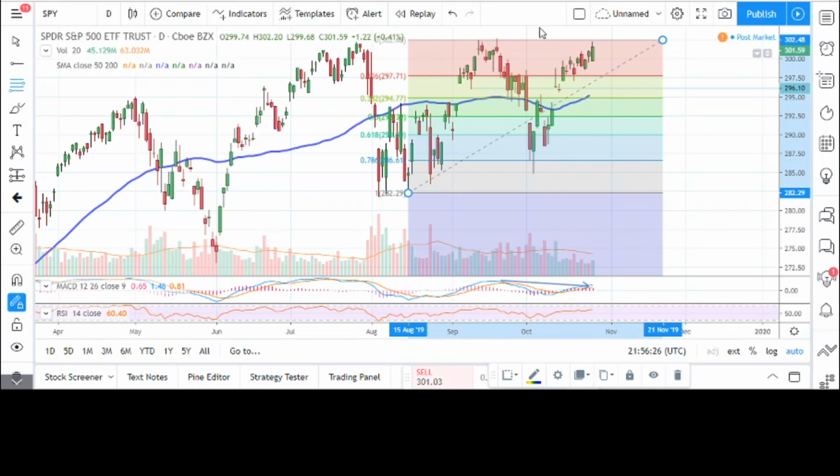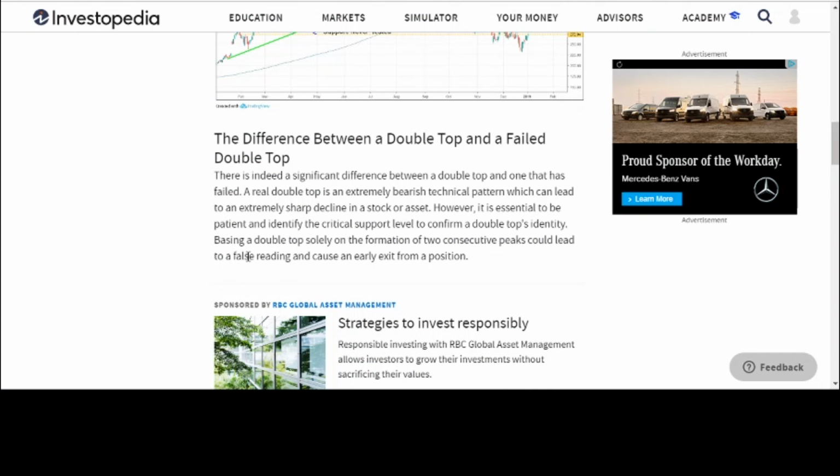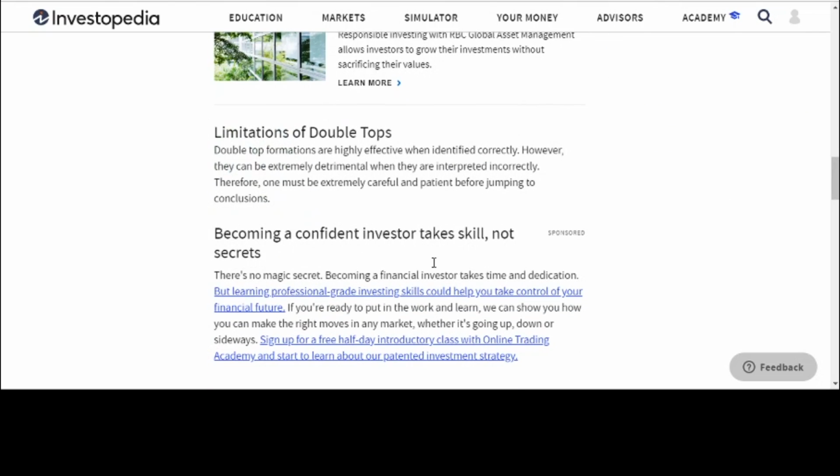So in order to identify a double top, you actually have to identify a critical support, which seems to be this area, and we do see that it was broken significantly. Basing a double top solely on the formation of two consecutive peaks could lead to a false reading and cause an early exit from a position. So you guys can see this is really good information here.